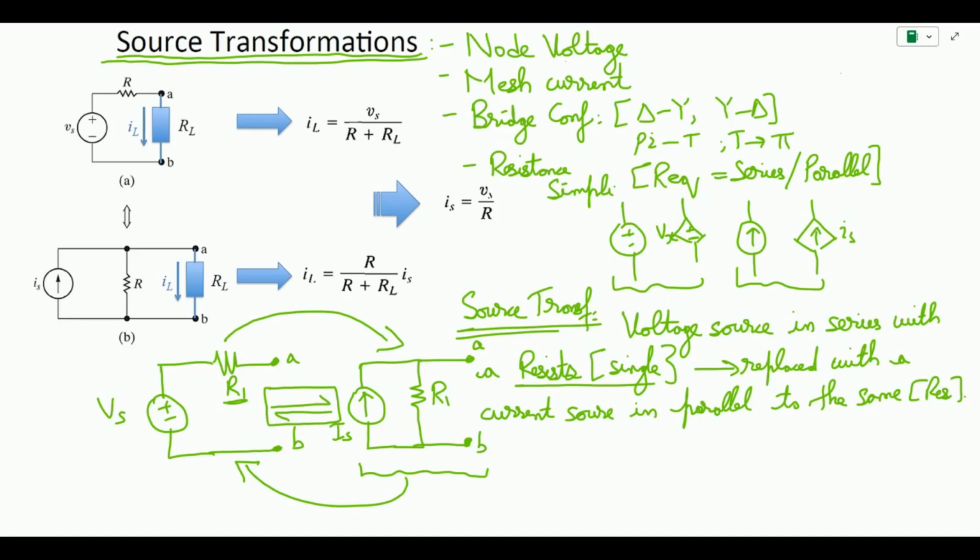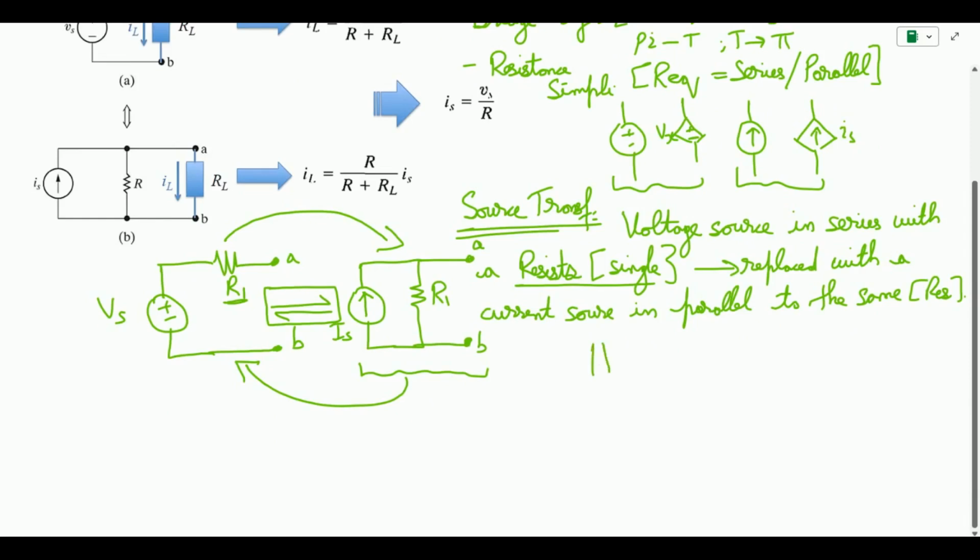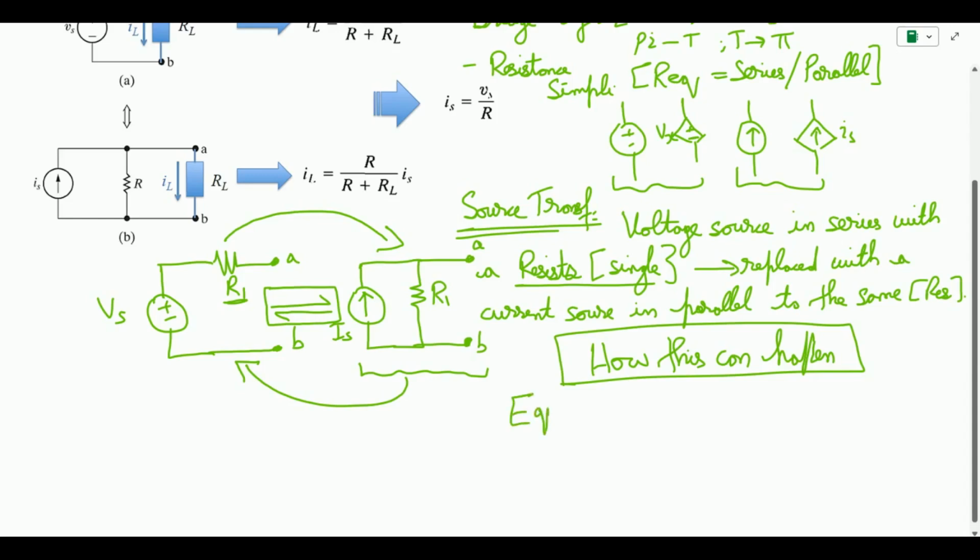Now the question arises: how can we be sure that this transformation accepts the electrical laws? In order to understand how this transformation can happen, we look at the principle of equivalence at the terminals. What does equivalence at the terminals mean?